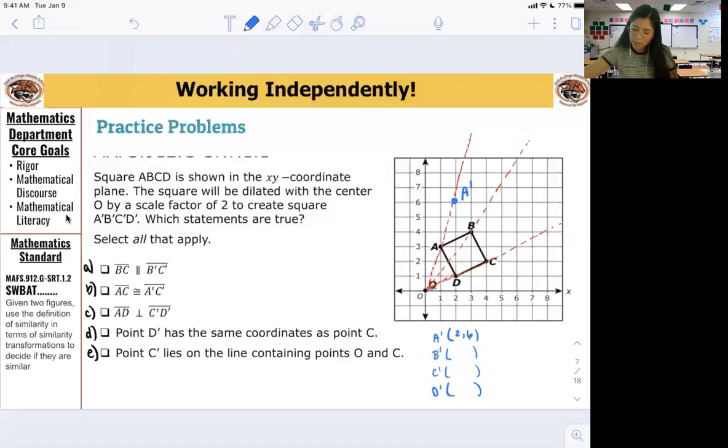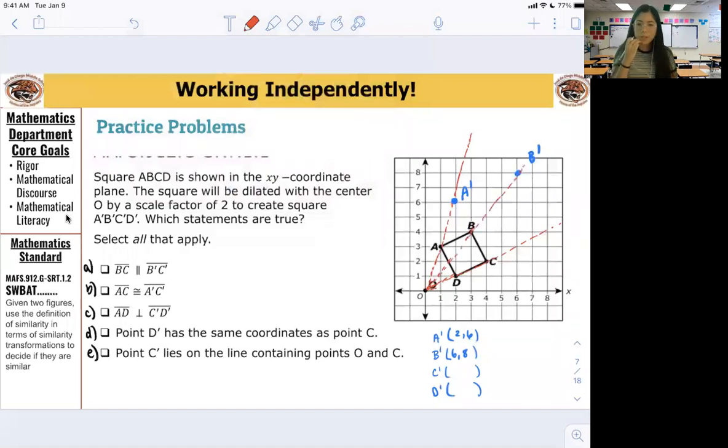B is (3, 4). So what will that become? (6, 8). Cool. Oh, my line was so crooked. I didn't even come close. I'm going to have to fix that. Okay, C. There we go.